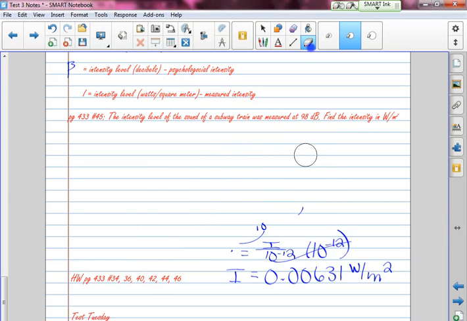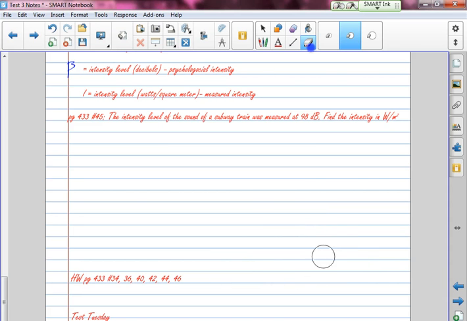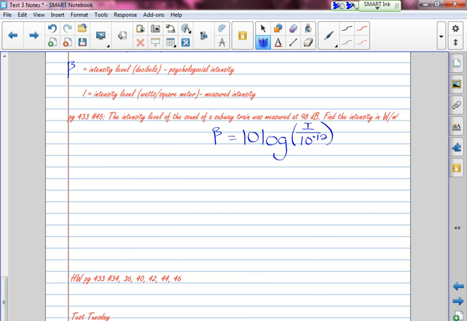Now, I want to mention these are solved the same way every time. So if you're given decibels and you want to find intensity, there's a formula for that. Here's decibels equals 10 times the log of I over 10 to the negative 12. And you need to get I by itself. Well, first you divide by 10 on both sides.